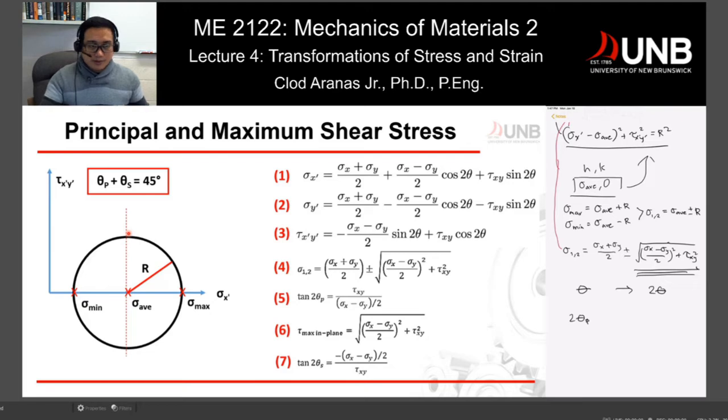I'm not going to show it, but you can just play around with your trigonometric function, and you will find that if you assume this is 2 theta sub s, and again, we put 2 theta sub s because once we rotate an element in an actual environment, if we put it into this coordinate axis, it would be twice as much. Then once you rotate it in this direction and apply the trigonometric relationship, you will end up with this equation. So that's how these equations were derived.